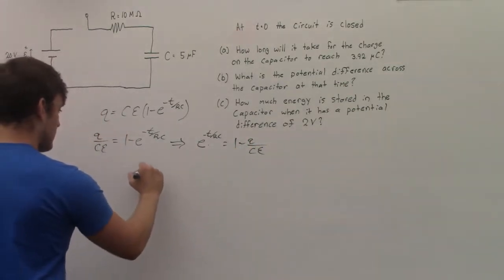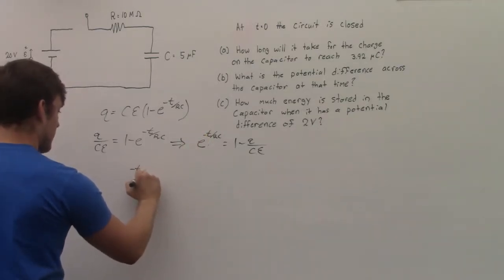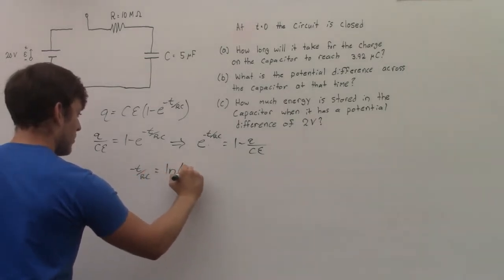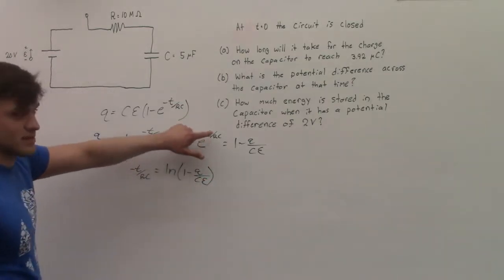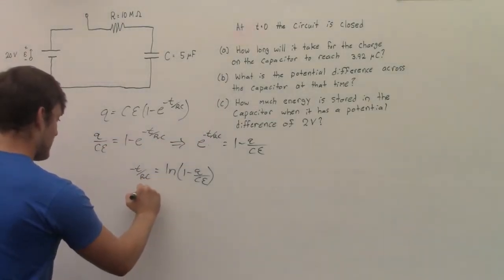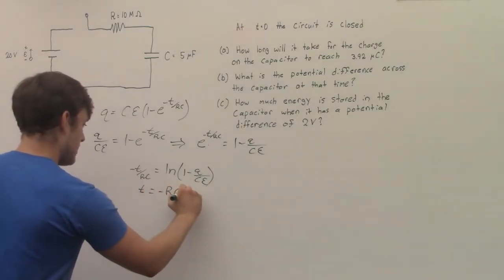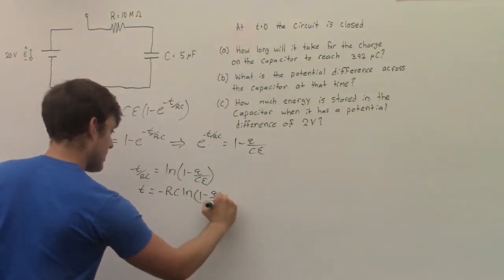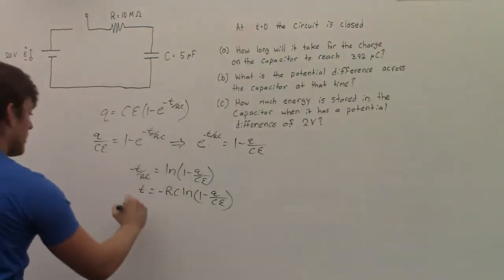And if we take the natural log of that, we'll just get minus t over RC equals natural log of 1 minus Q over C epsilon, right? Because the natural log of e to something is just that thing. And just multiply by negative RC, and we've solved for t: t equals minus RC ln of 1 minus Q over C epsilon.